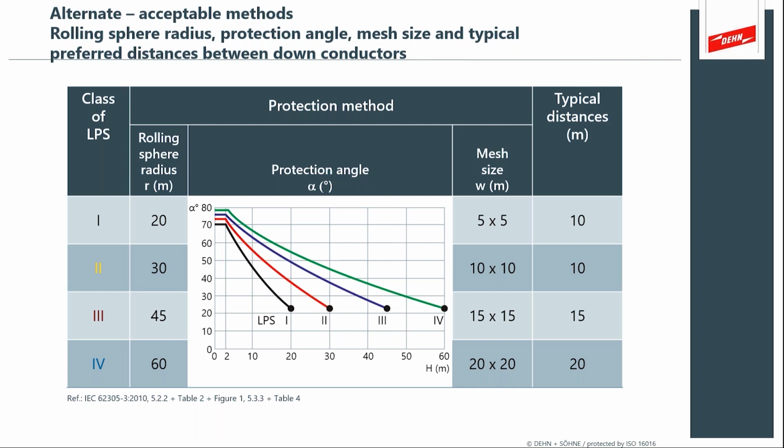And again, it's all about controlling risk. If you're more concerned, then you use smaller meshes and a smaller rolling sphere radius. And so this comes right out of the table. And again, I'd just like to remind you that the LPL level 3 is essentially equivalent to the NFPA 780. So NFPA 780 also promotes the use of the rolling sphere method for a 150-foot radius sphere, which is essentially a 45-meter equivalent rolling sphere.